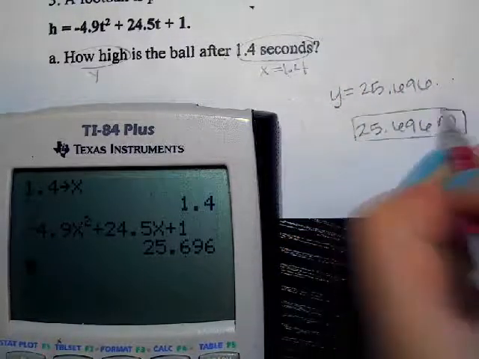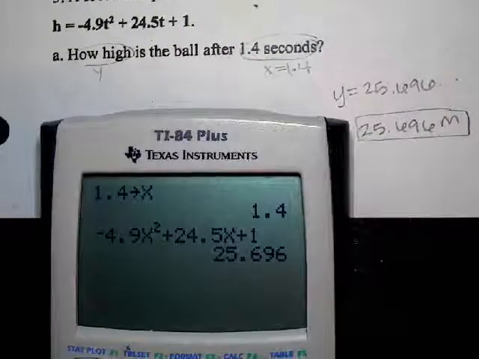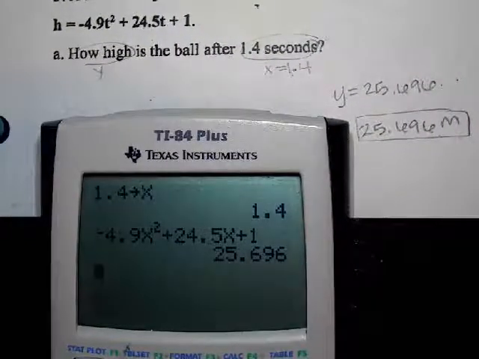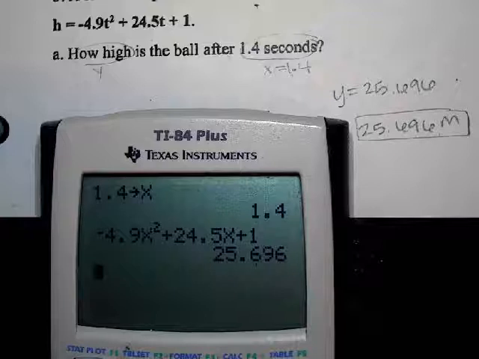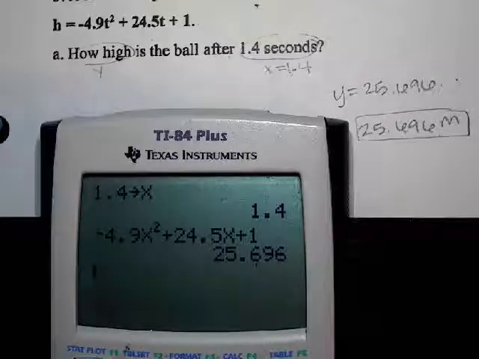Okay. Are we good with the first one? All right. Now, the next question is kind of interesting because it says, does the ball ever reach a height of 33 meters? I'm going to go ahead and write the question.